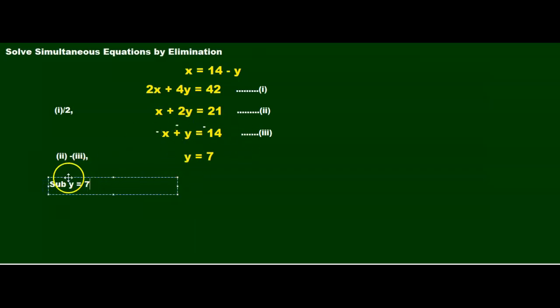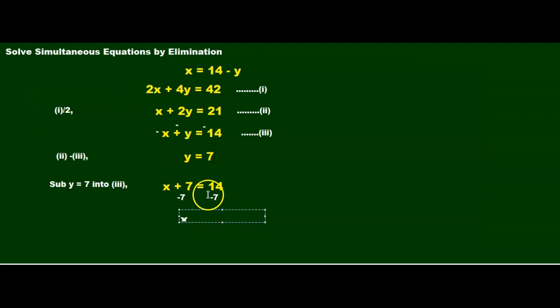I'm going to substitute it into equation 3. So I have x plus 7 equals 14. Minus 7 on both sides. x equals 14 minus 7 gives me 7. And that's how we solve the equation.